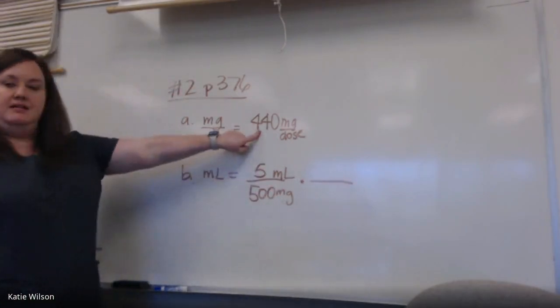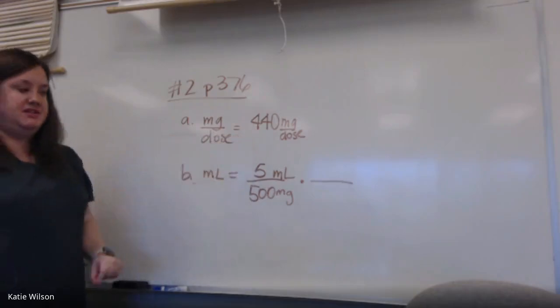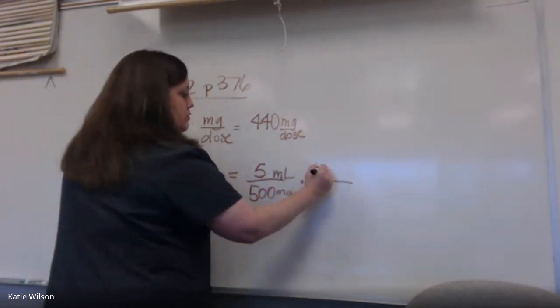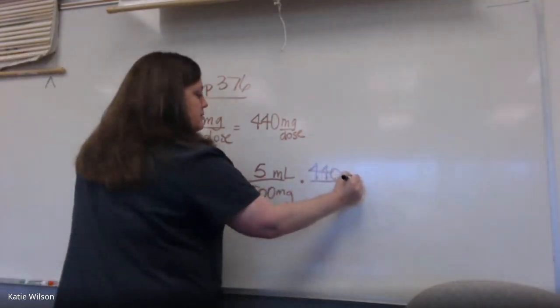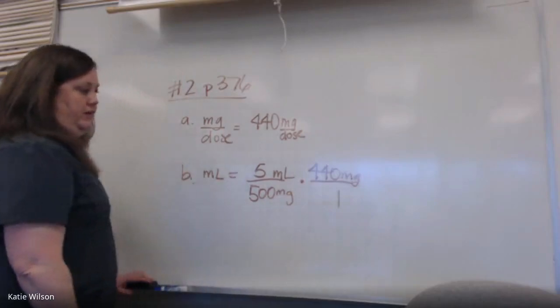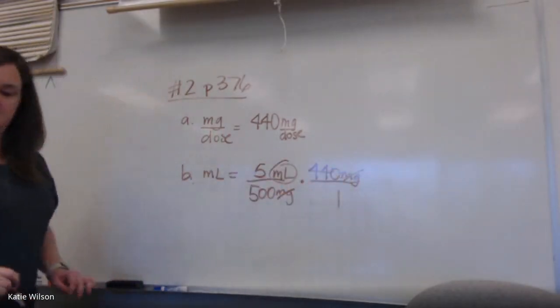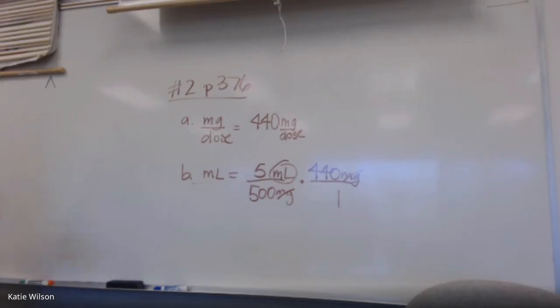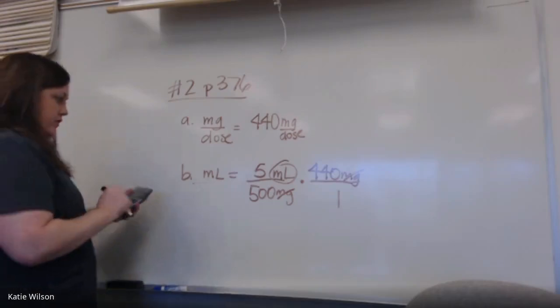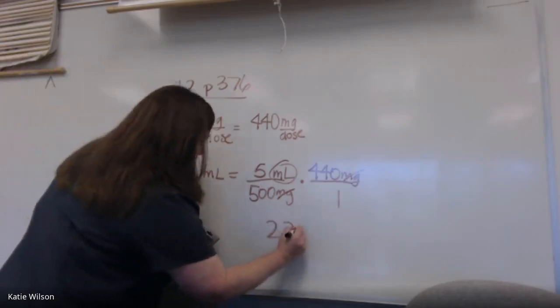So that's where our answer to A comes into place. So 440 milligrams for one dose. So milligrams cancel out, milliliters on top. So I have 5 times 440.